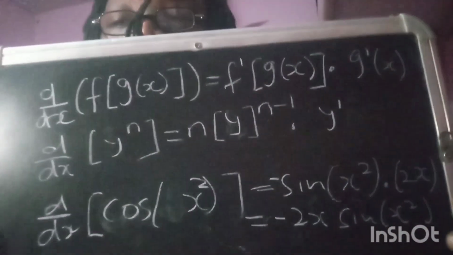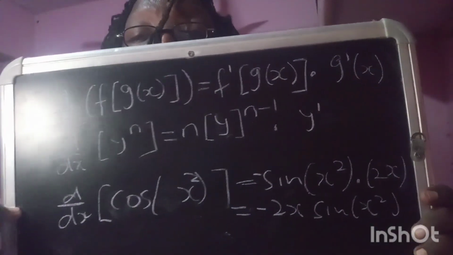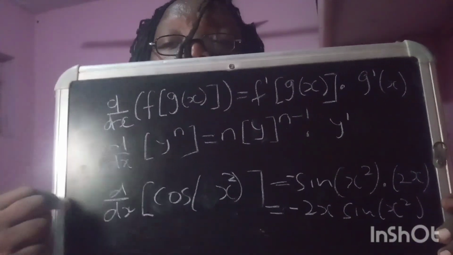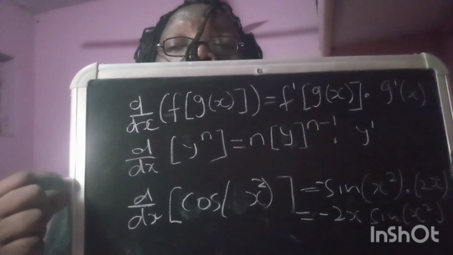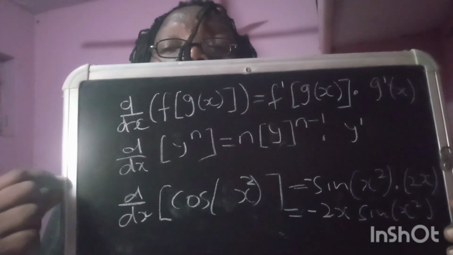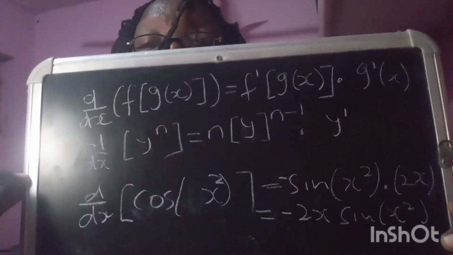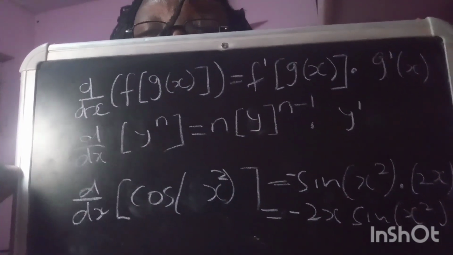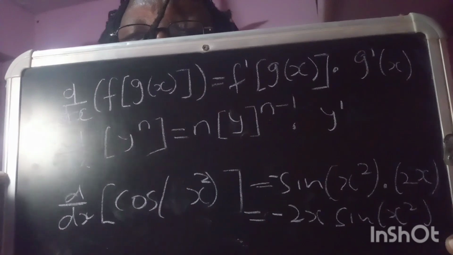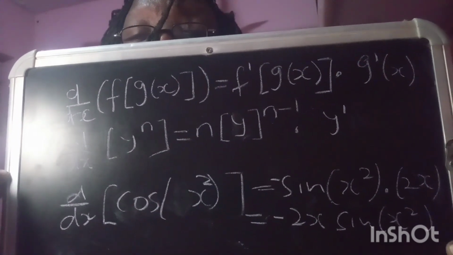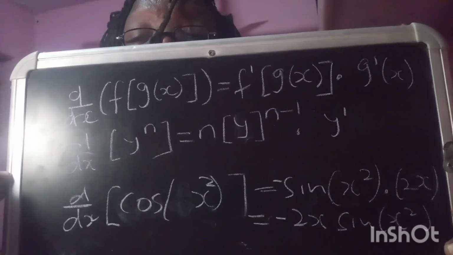So let me bring it close for you to see. If you are copying it, you can copy it and do it in your own time. Okay, I'm giving you 1 minute to copy.